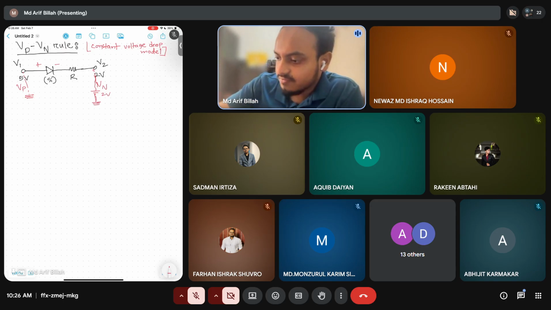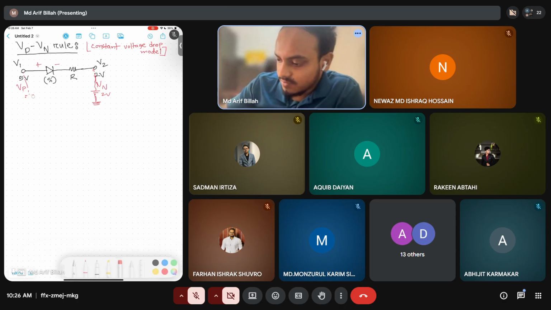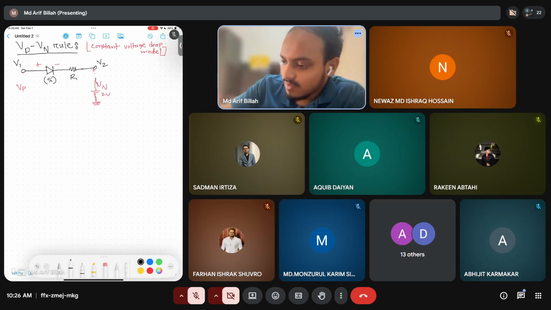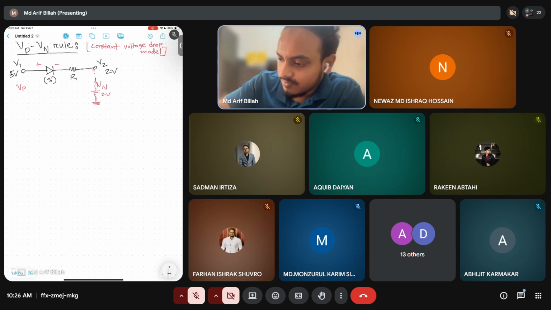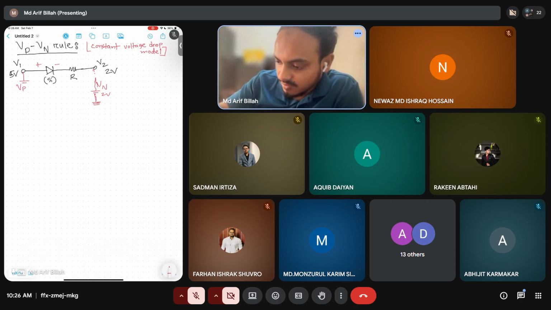So এখানে 5 volt, 2 volt. This is 5 volt.